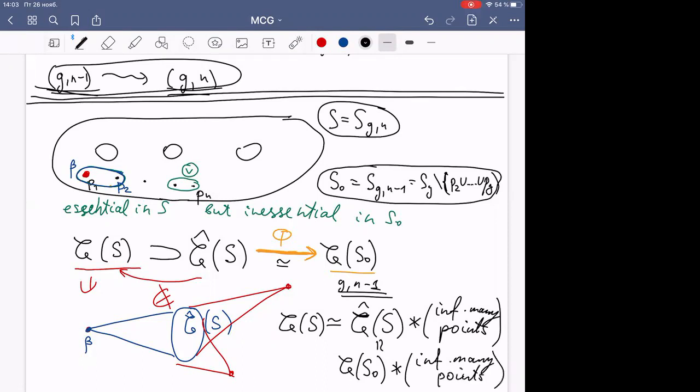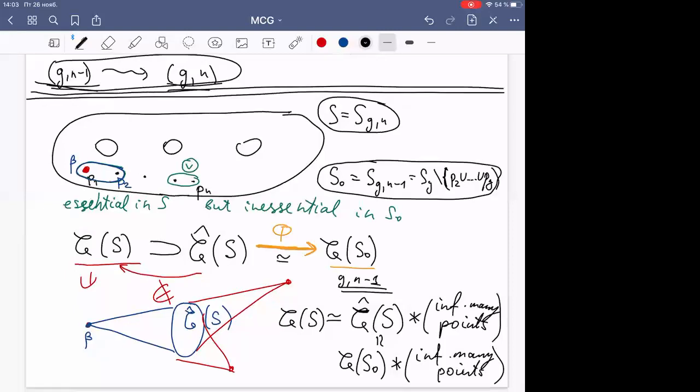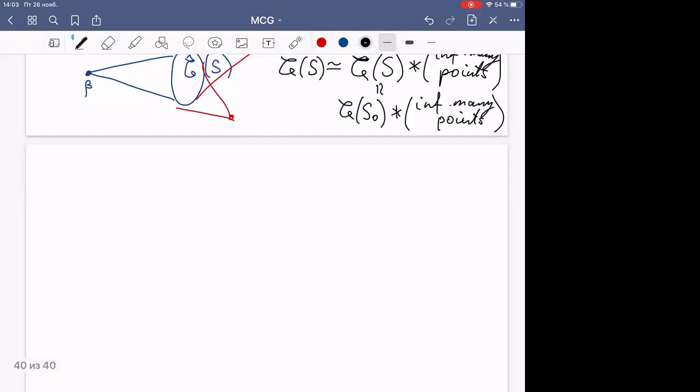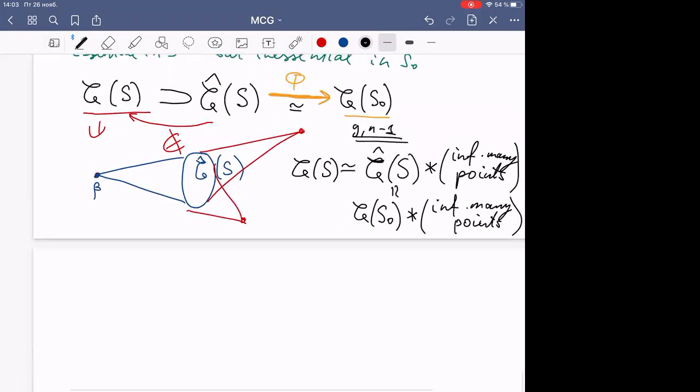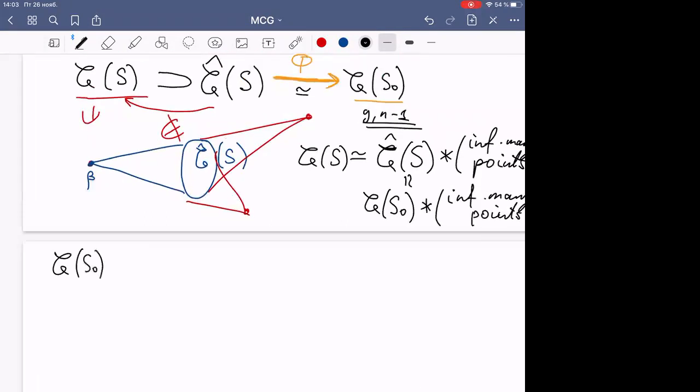Okay, but it is easy to see that if we take a join with infinitely many points, or a join with a discrete set of points, then connectedness is increased by 1. So if C of S0 is n-connected for certain n, then C of S is n plus 1 connected. This is a general situation.